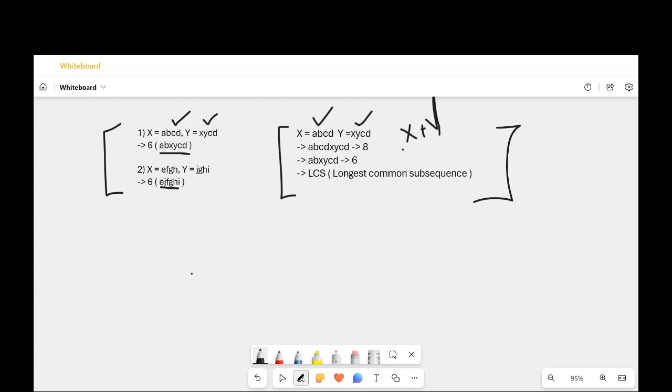Whatever string I am getting will have all the characters in the same order of x, as well as all the characters in the same order as y. For example, abcd is the x string, and xycd is the y string. So this is also one of the superstrings that I can consider.